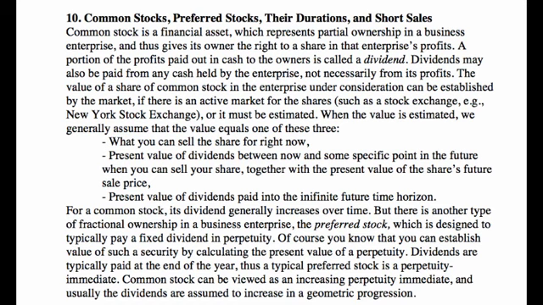And of course, the value of that is just the present value of a perpetuity, but you have to figure out what the interest rate is for discounting. But otherwise, it's pretty simple. Dividends are typically paid at the end of the year, so a typical preferred stock is a perpetuity immediate. And common stock can be viewed as an increasing perpetuity immediate, and usually the dividends are assumed to increase in a geometric progression.